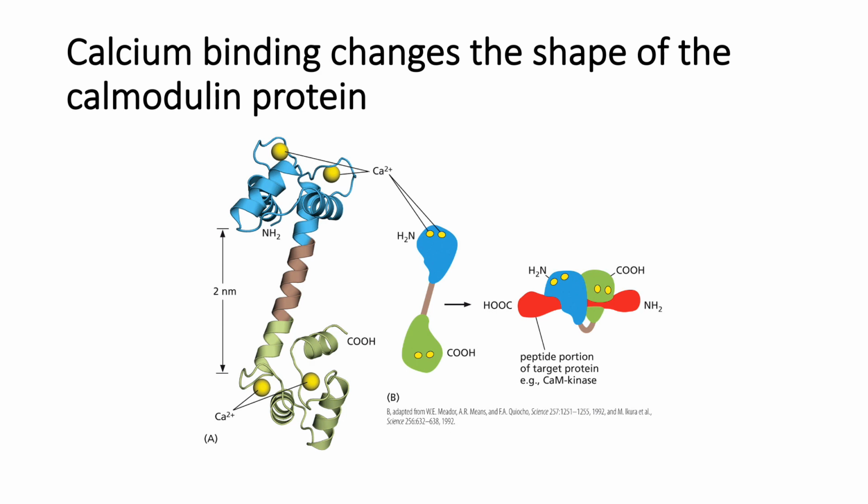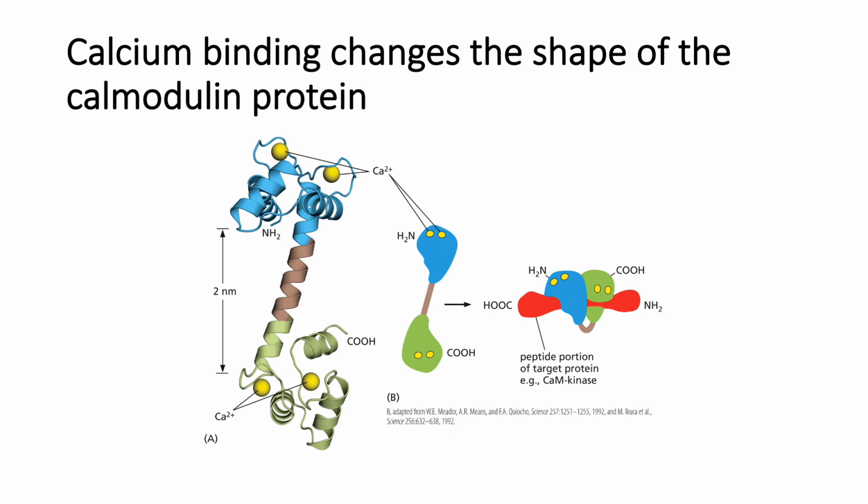So here's a drawing or an image of calmodulin. It's a crystal structure. Calmodulin has 4 binding sites for calcium. So when calcium flows into the cell, the calcium will be bound by a calmodulin. And then calmodulin turns out to be a regulatory protein for all kinds of other proteins and enzymes in the cell.